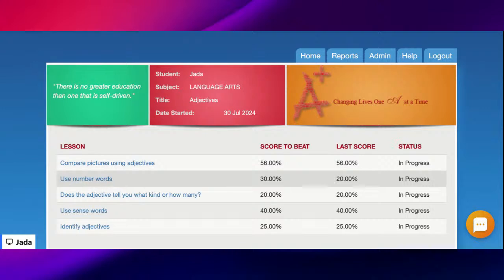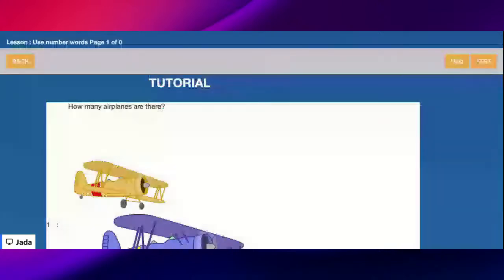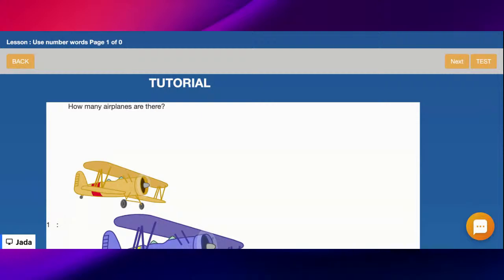Use number words, okay? So let's move on to use number words.